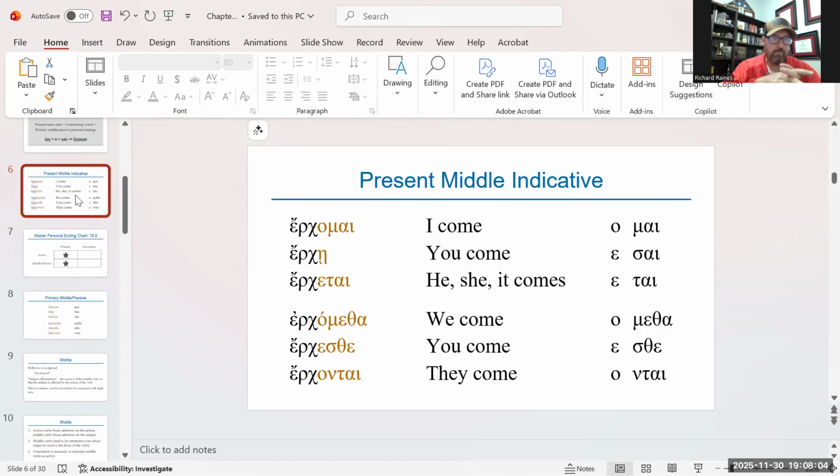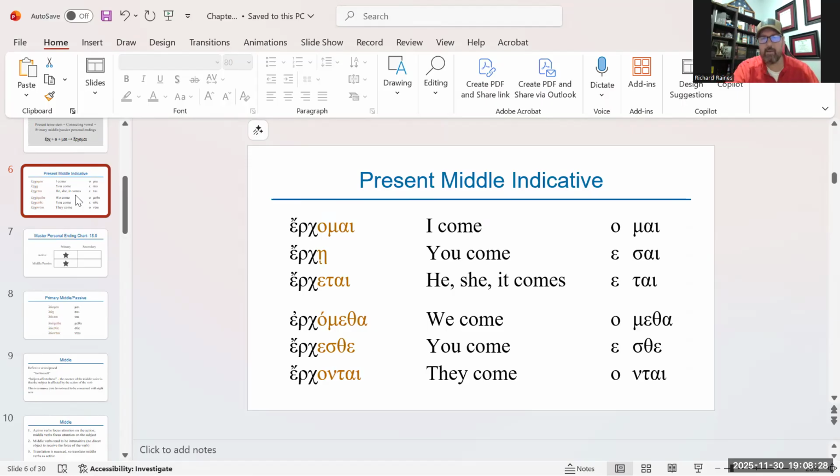You're going to see another paradigm in just a minute. You're going to see luomai. And so if you see luomai in a sentence, you're going to translate it "I loose," or "I am being loosed," depending on the context, because we haven't gotten to passive yet.